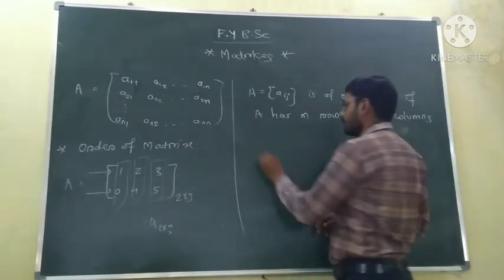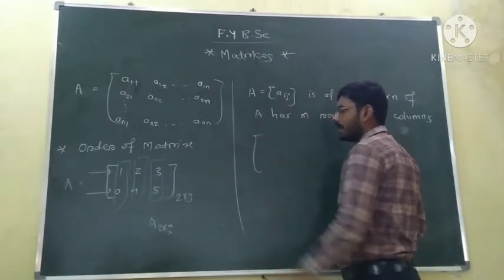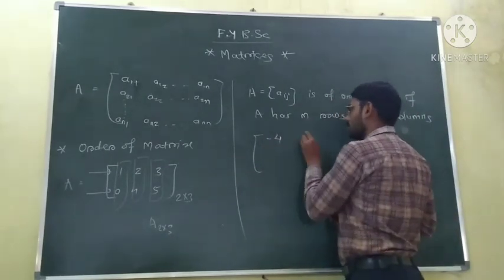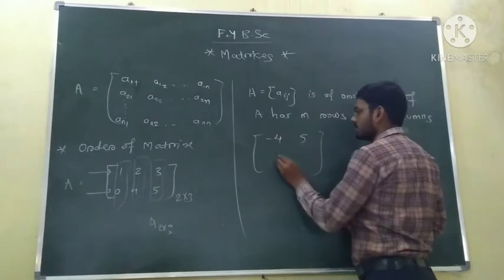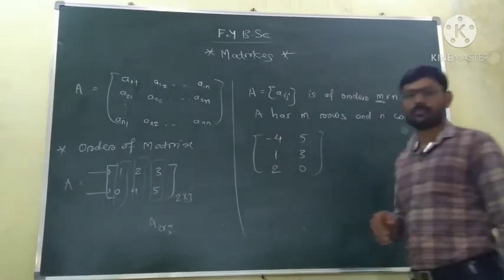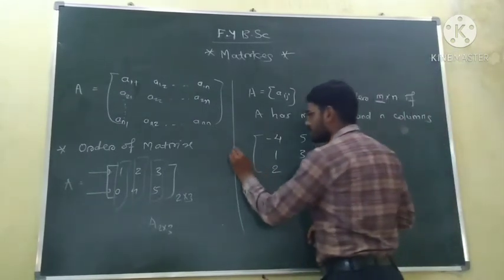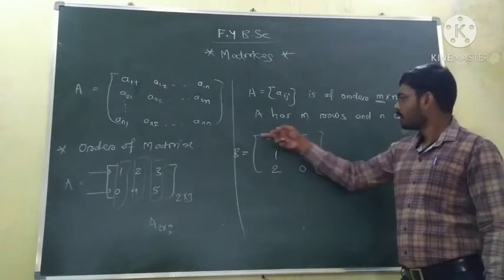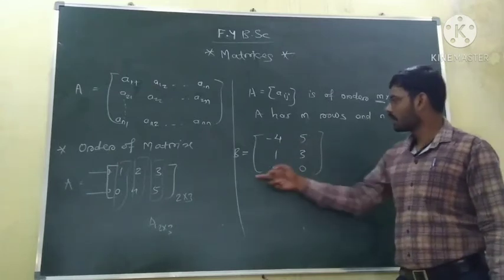For example, we will take another example. So -4, 5, 1, 3, 2, 0. This is the matrix B. How many rows does this matrix have? First row, second row, and third row.